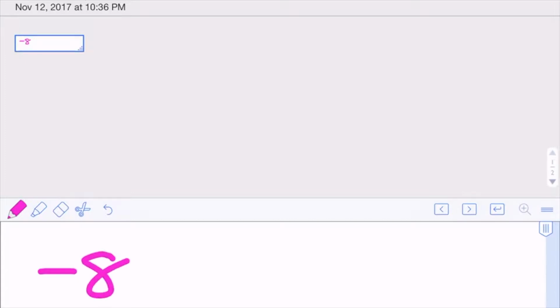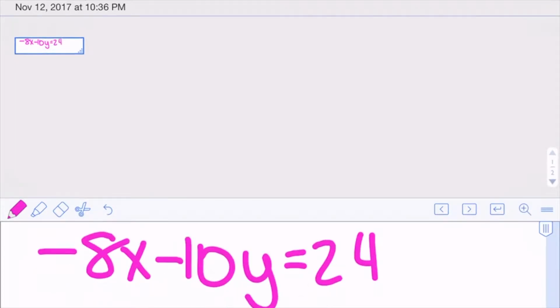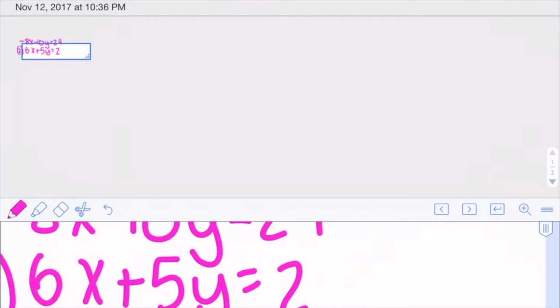Now we will go into solving systems using elimination. The two equations for the system are negative 8x minus 10y equals 24 and 6x plus 5y equals 2.